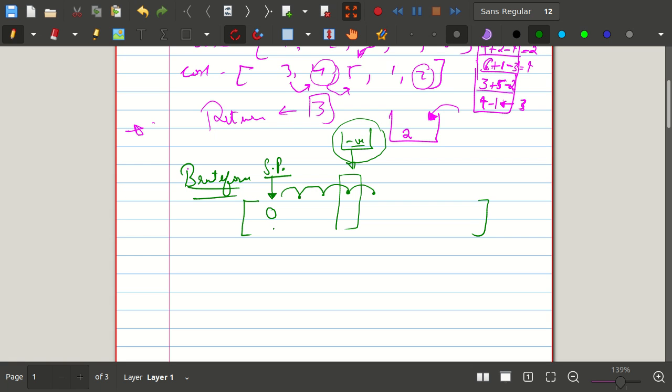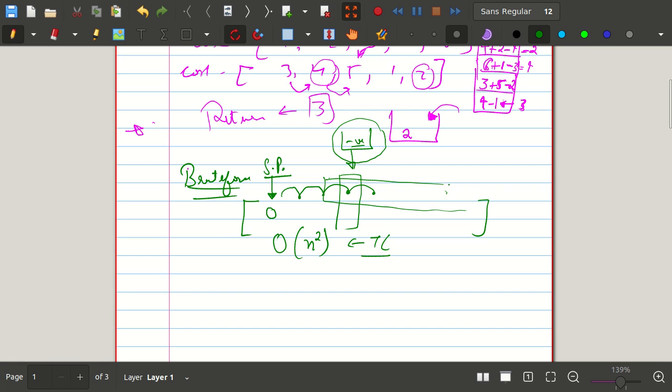So at each index we have to test it. In the worst case it will have O of n square time complexity, right? Because for the 0th index we will try, and then for the first index we will try again, for how much range our car or our tank can move.